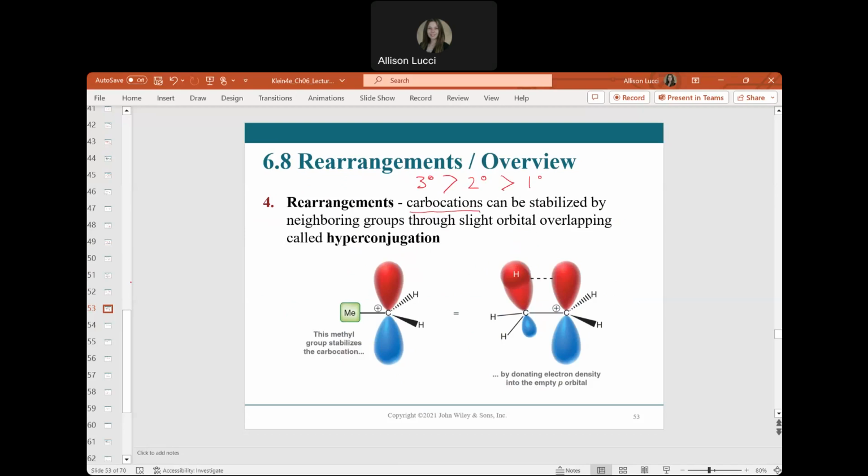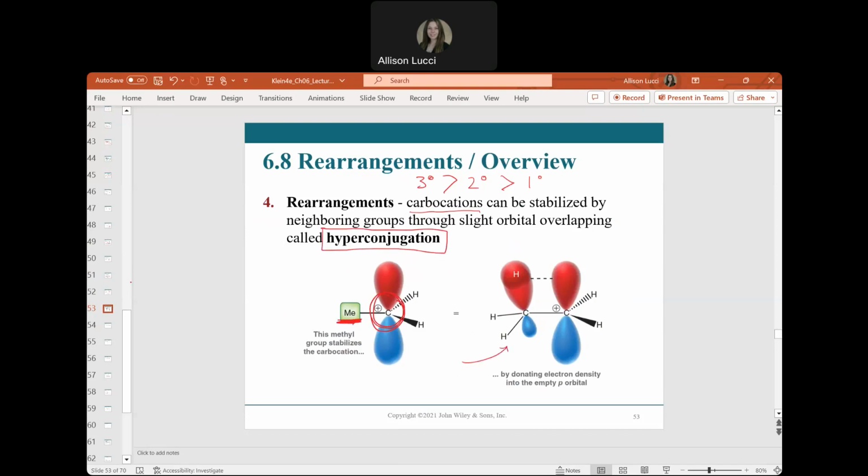What we see down here is this term hyperconjugation, which you don't need to know all the details about. You just need to know that in general it is a term used when we talk about stabilization of carbocations. So what we see here is a carbocation site in our molecule bonded to a methyl group, which is abbreviated Me here.